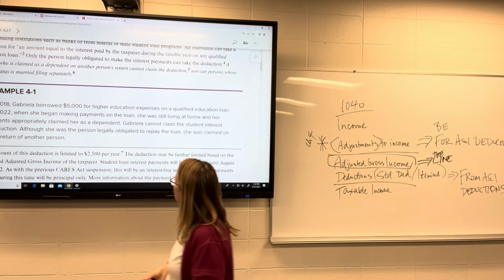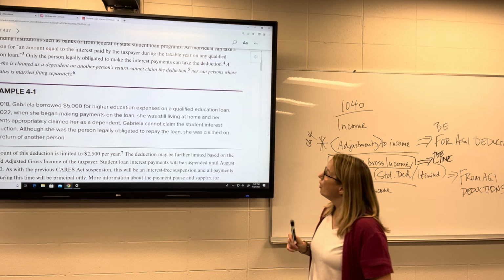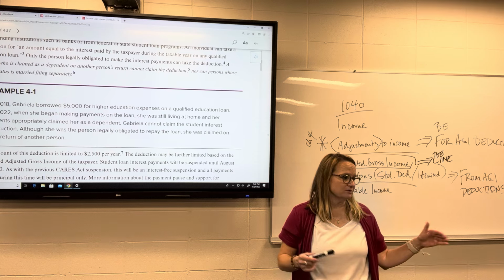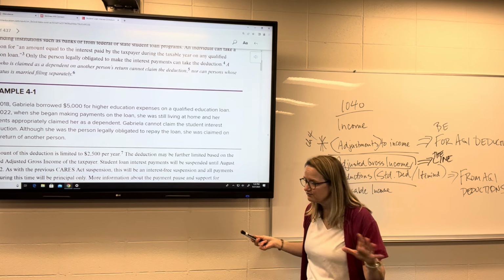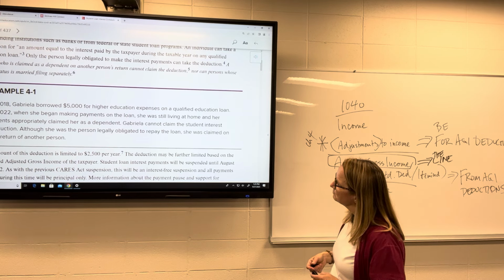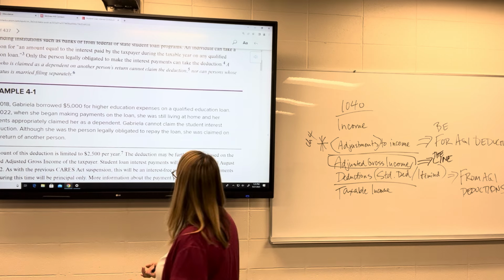Gabriella borrowed $5,000 for higher education expenses on a qualified education loan. And your problems aren't going to ask you to define whether it's qualified or not. She began making payments on the loan. She was still living at home, and her parents appropriately claimed her as a dependent.